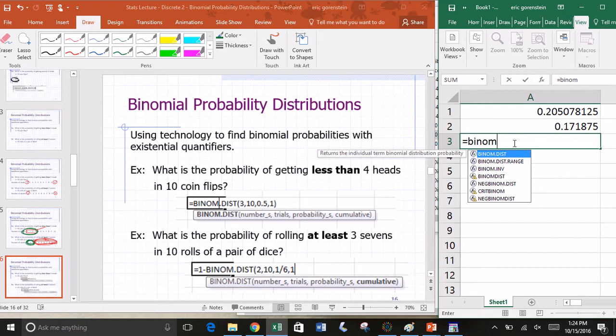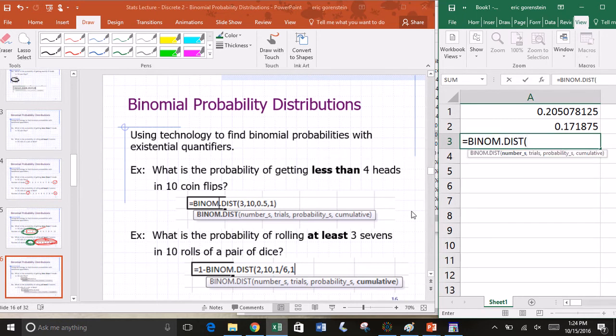In the case of rolling the dice, we'll use the binomial distribution function again, but we want at least 3 sevens, so the complement would be 0, 1, and 2. So I'll do 1 minus for the complement. 2 successes, 10 trials. The probability of rolling a 7, we talked about this before, is 1/6.